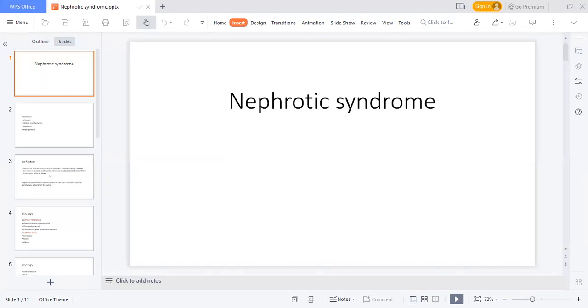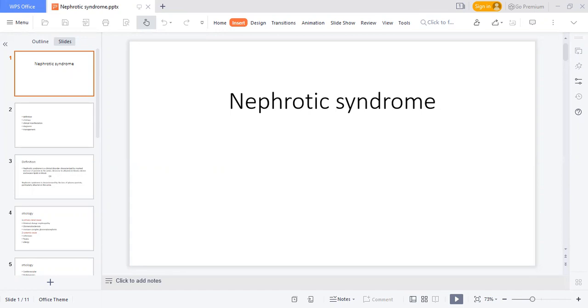So first of all, if I draw the normal nephron structure. Suppose this is the Bowman capsule of the nephron, and then this is the proximal convoluted tubule, and then this is the descending and the ascending limbs of the loop of Henle.